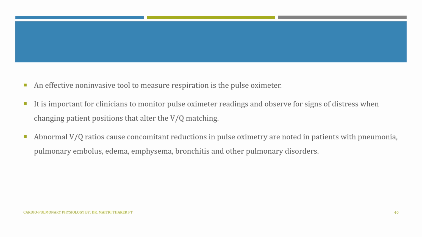Abnormal VQ ratios cause concomitant reduction in pulse oximetry and are noted in patients with respiratory diseases such as pneumonia, pulmonary embolus, edema, emphysema, bronchitis, and all the other pulmonary disorders. Different positions will alter the SpO2 in the pulse oximeter. So that is nothing but the ventilation and perfusion matching.